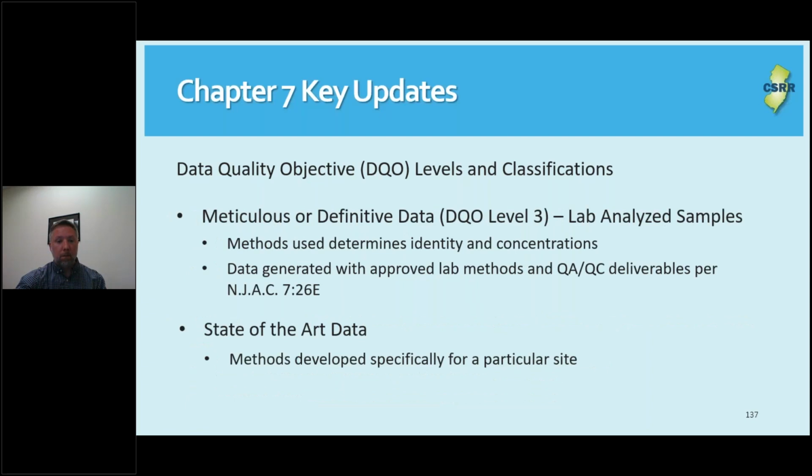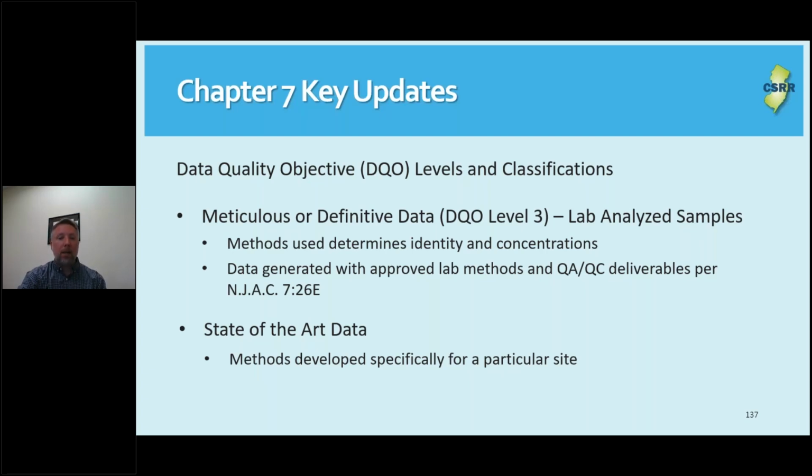On the data quality level 3, this is the meticulous or definitive data. These are the lab analyzed samples, and methods are used to determine exact concentrations and identify the actual compounds. And these are performed in accordance with QA/QC requirements for the tech regs, and you get data deliverables and quality control, quality assurance samples.